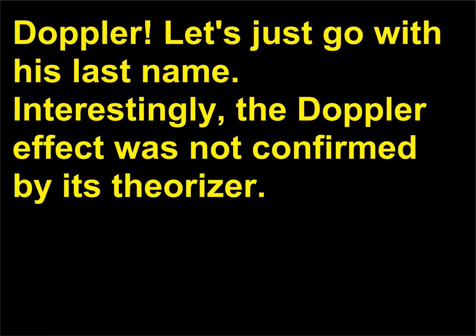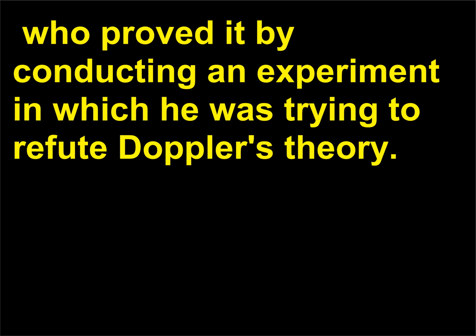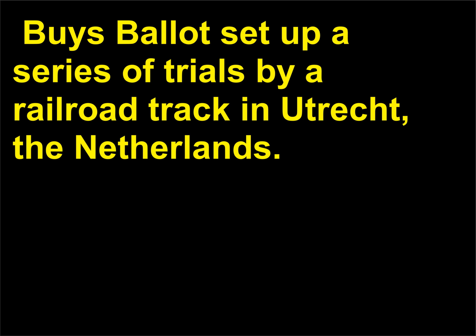Interestingly, the Doppler effect was not confirmed by its theorizer. Rather, it was a Dutch scientist named Christoph Hendrik Diederik Buys-Ballot, 1817 to 1890, who proved it by conducting an experiment in which he was trying to refute Doppler's theory. Buys-Ballot set up a series of trials by a railroad track in Utrecht, the Netherlands.